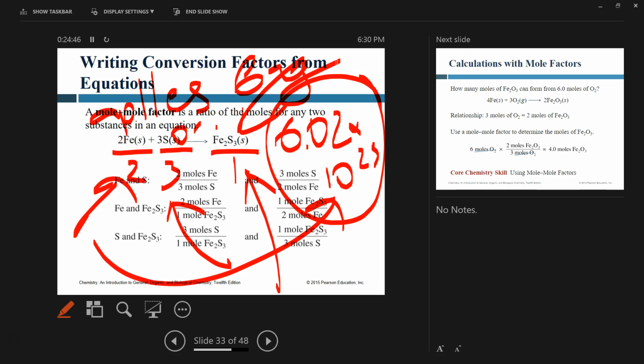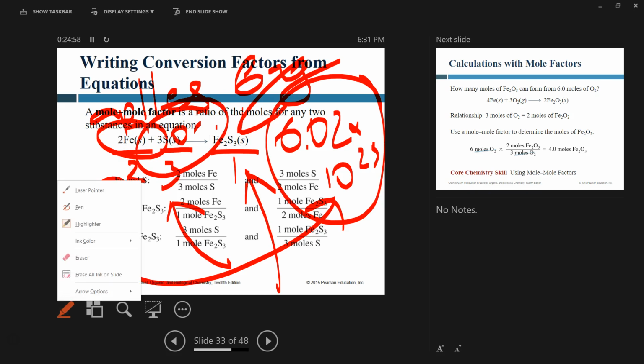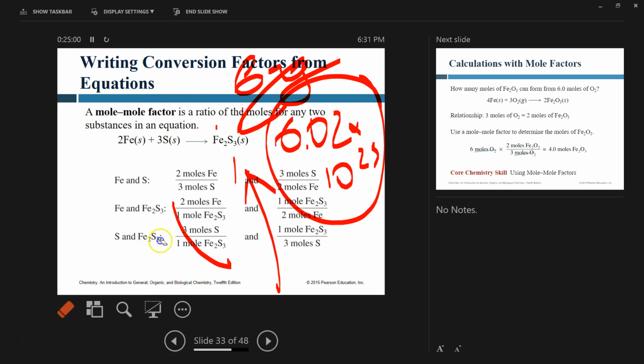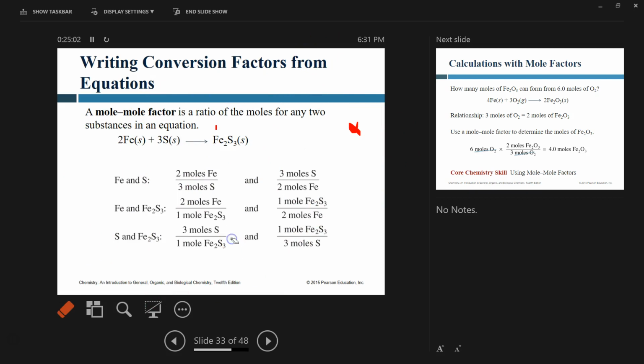Now, if you take 4 apples and 6 oranges, how many bags are you going to get? 1. No, 2. Because 2 apples and 3 oranges go in 1 bag. Always. You make a set. Does that make sense? If you take 6 apples and 9 oranges, how many bags are you going to get? 3.